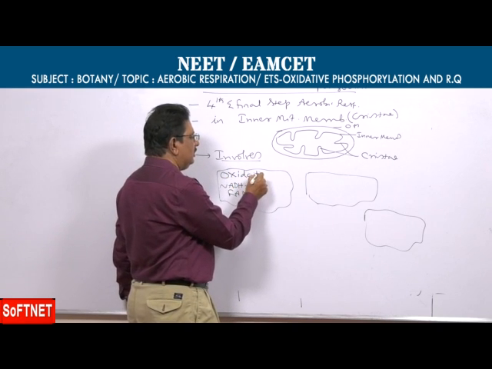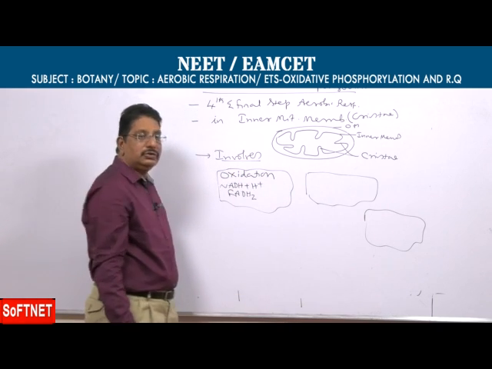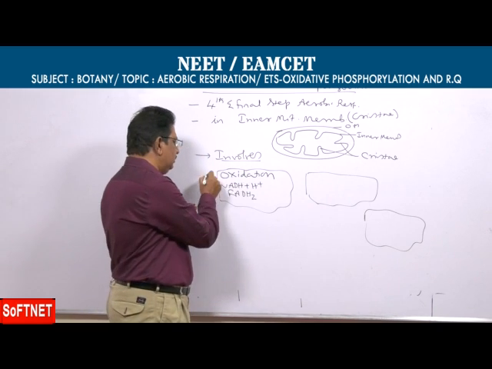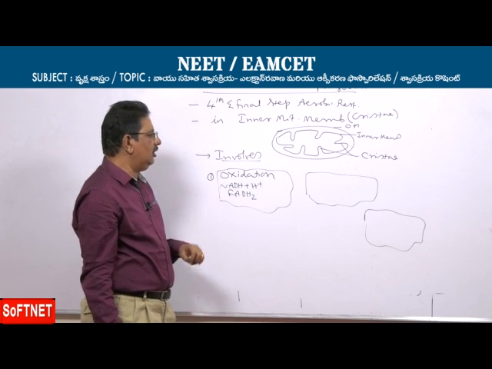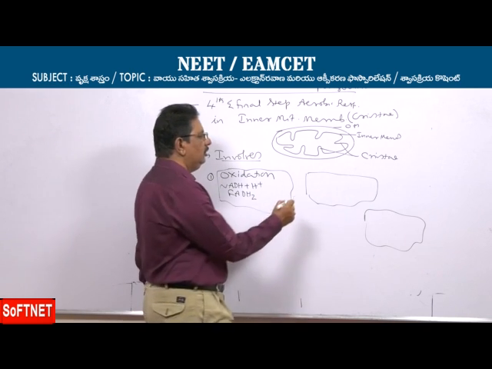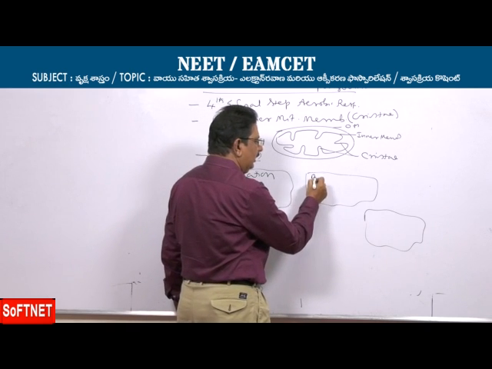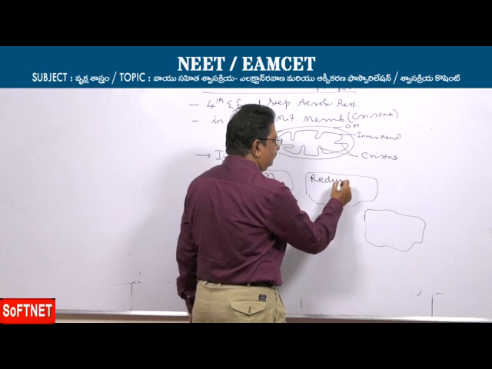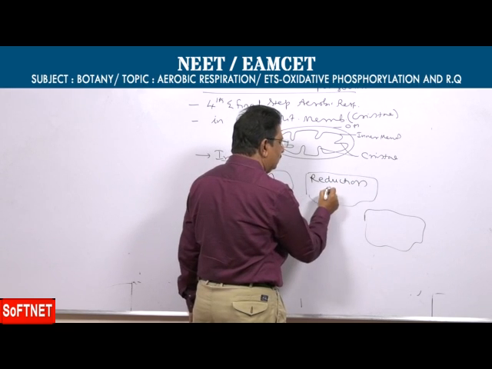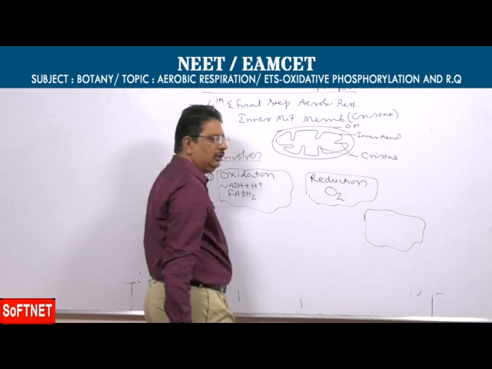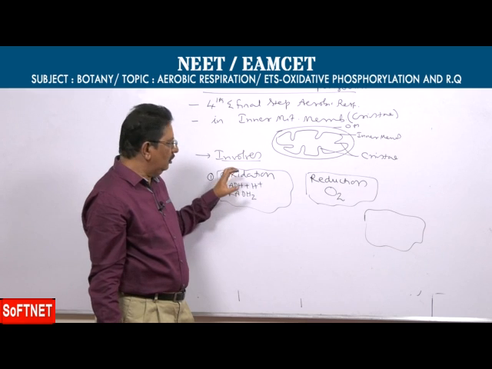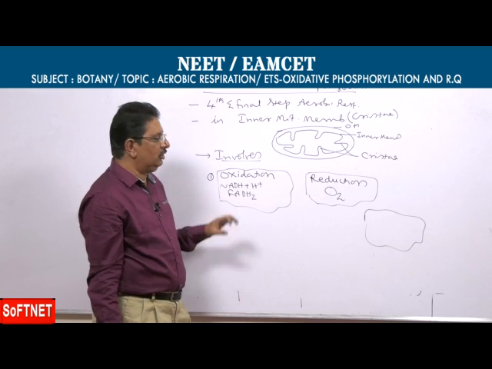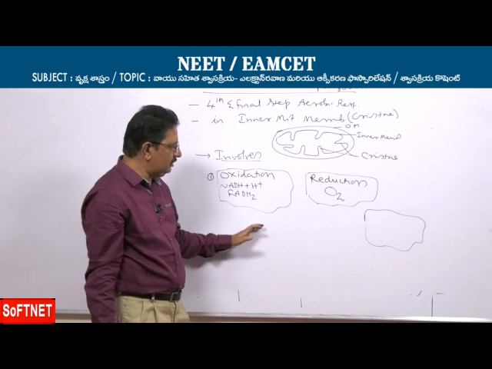So, oxidation of reduced coenzymes is the first event, and this oxidation of reduced coenzymes is followed by reduction of atmospheric oxygen.